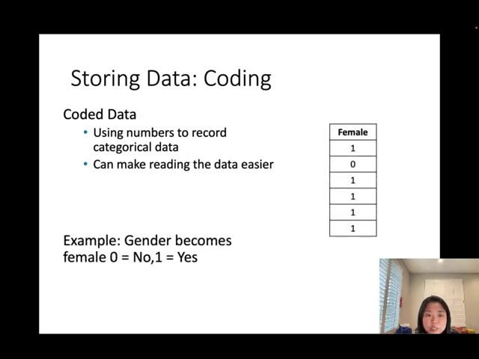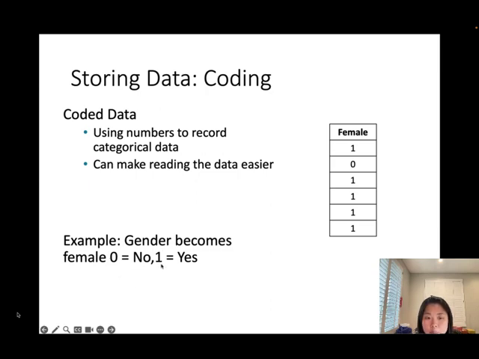For example, look at this example. Let's say I'm looking for how many females there are. So we are talking about gender. Gender will be categorical. Instead of using yes or no to answer the question in the computer, we may set it up like 0 means no, you are male.